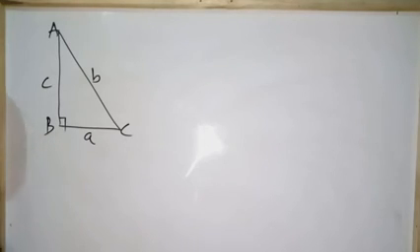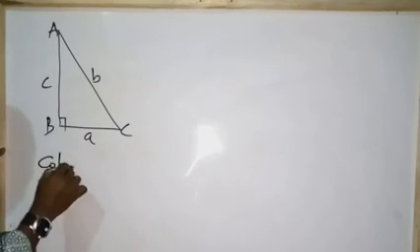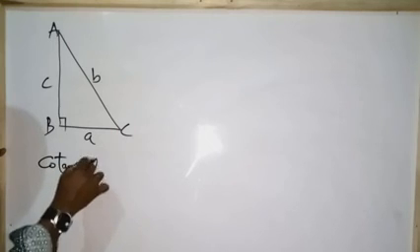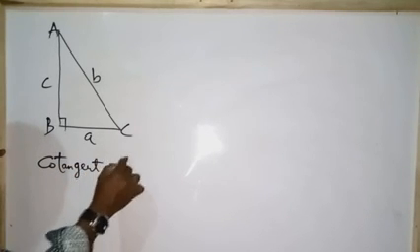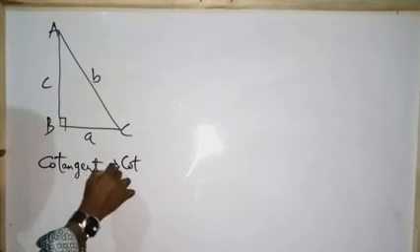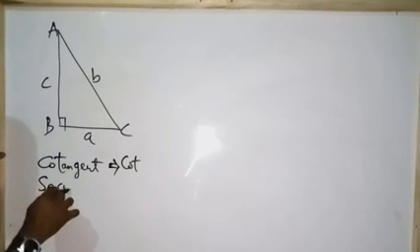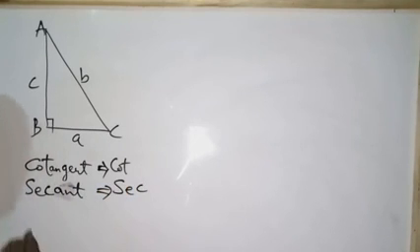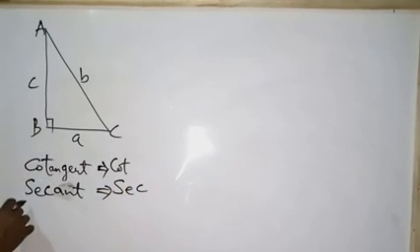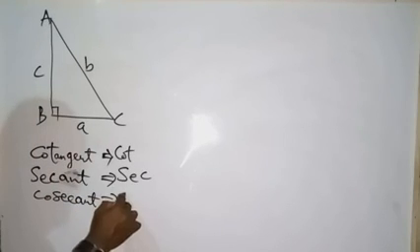Okay, I want to show us something else. Now, look at this. Cotangent, which we call cot. We also have secant, which you popularly write as sec, and we also have cosecant, often called cosec.